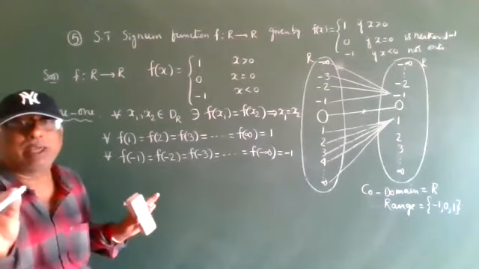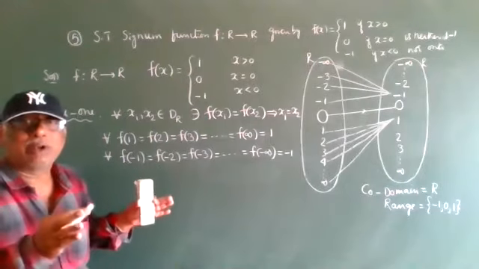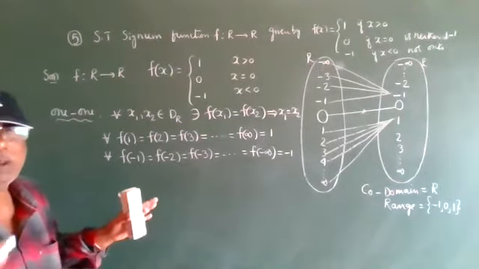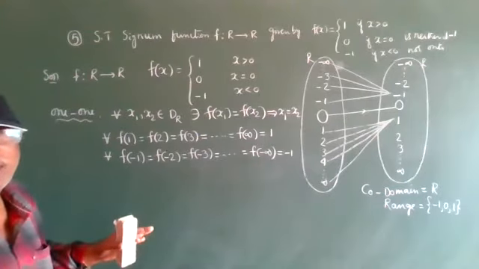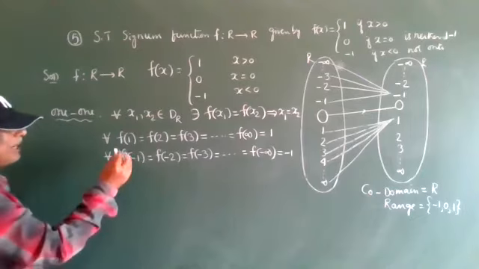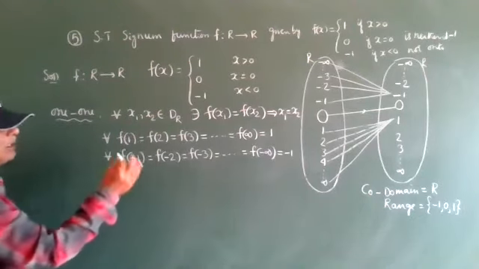One element should have one image, but here different elements have the same image. The image is repeated for different elements, therefore f is not one-one.